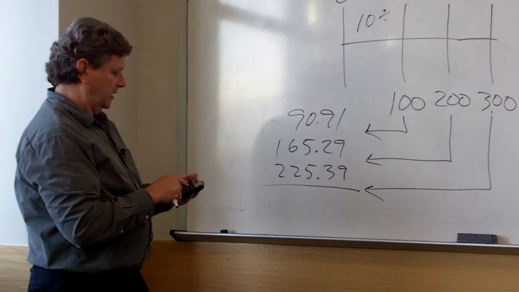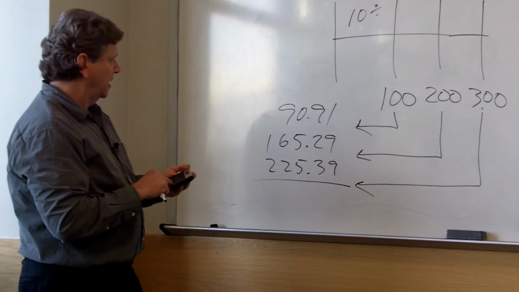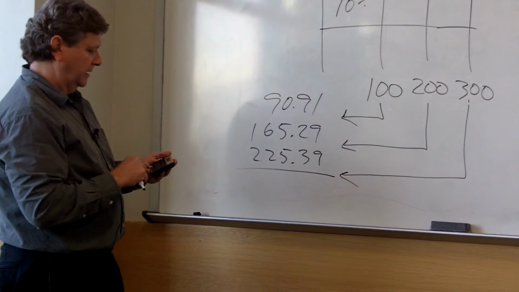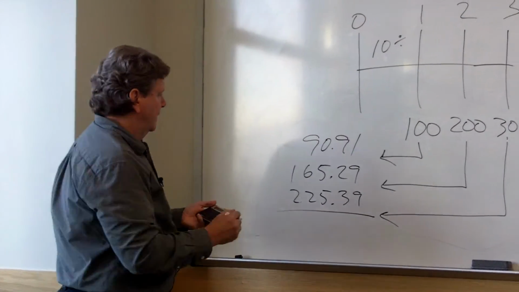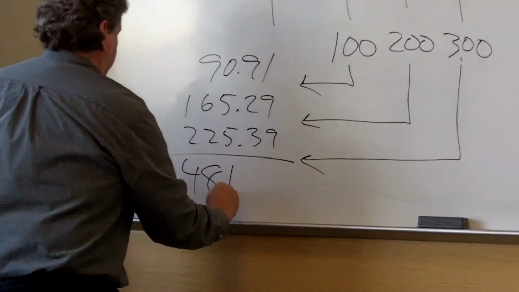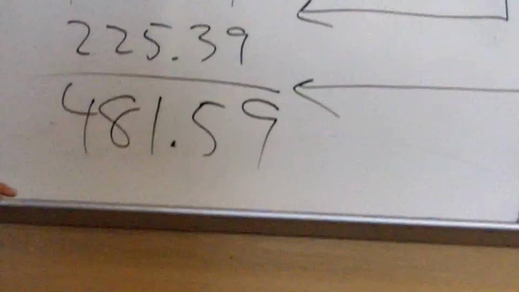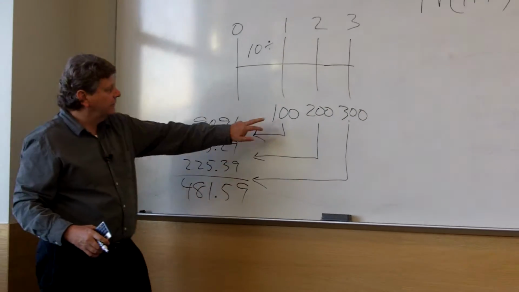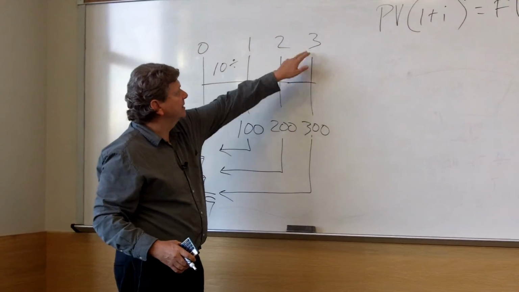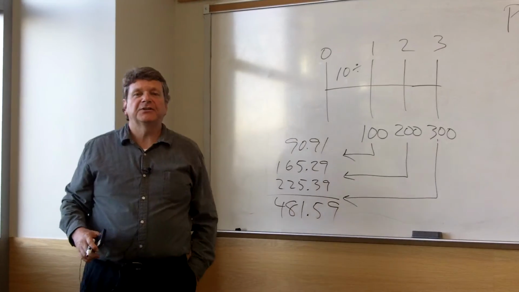Okay, we've got 90.91 plus 165.29, 225.39. And so that's $481.59. So if you pay $481.59 for this investment, and you do in fact get these cash flows at these time intervals, you've got yourself a 10% return.